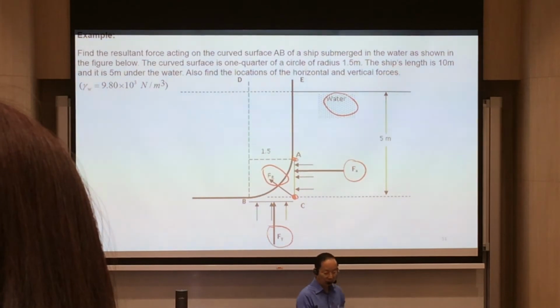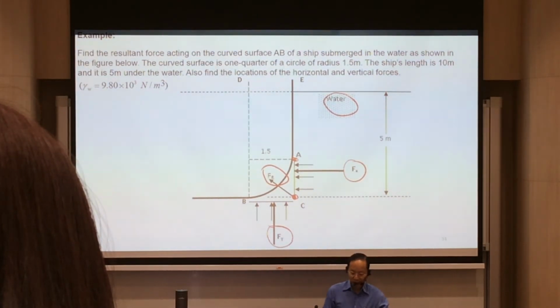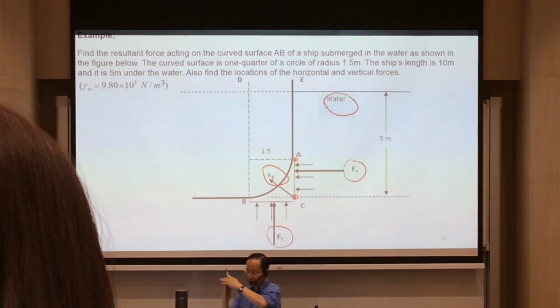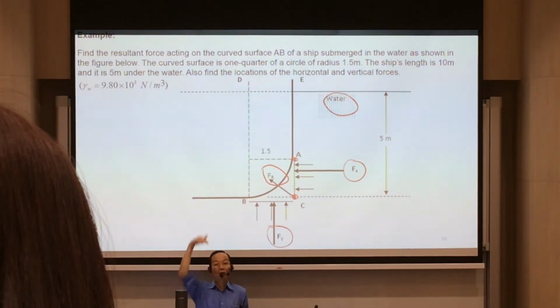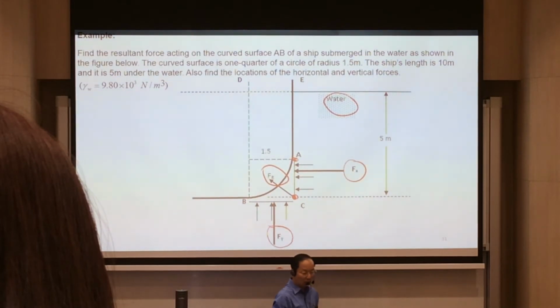Fy must balance, because for a floating object, the upward force must equal the downward force. So Fy is equal to the weight of whatever is on top.